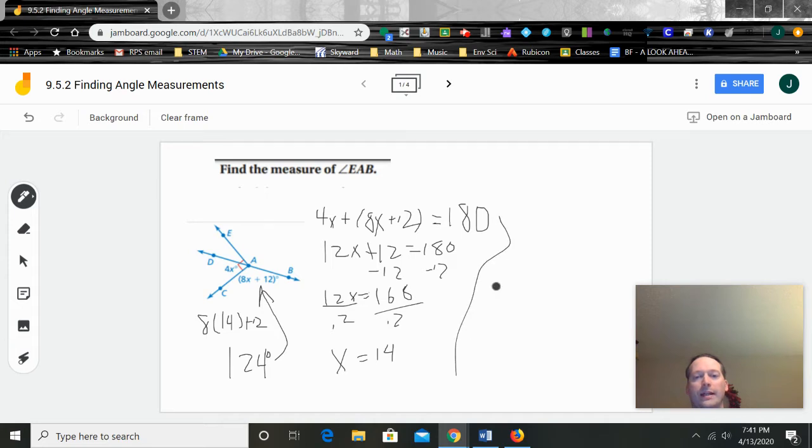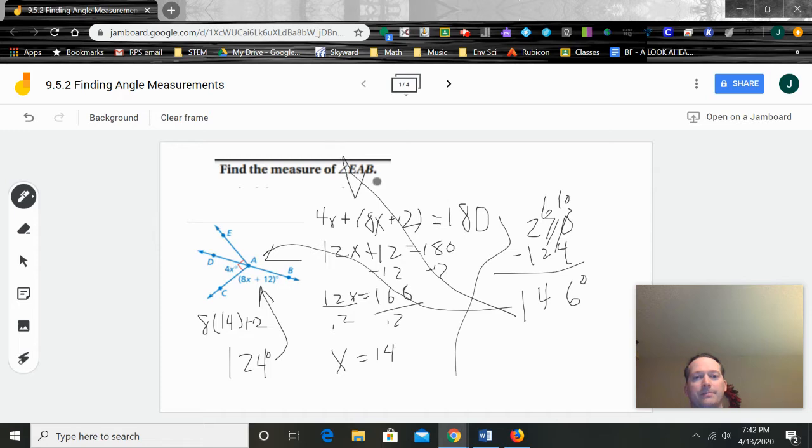We know that the 2 angles combined are 270. So 270 minus 124: 10 minus 4 is 6, 6 minus 2 is 4, 2 minus 1 is 1. So angle EAB is 146 degrees.